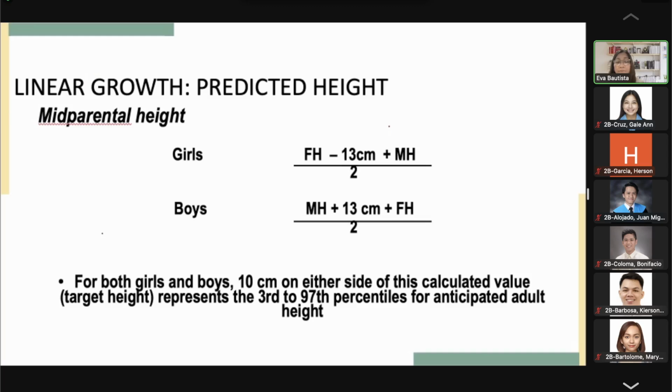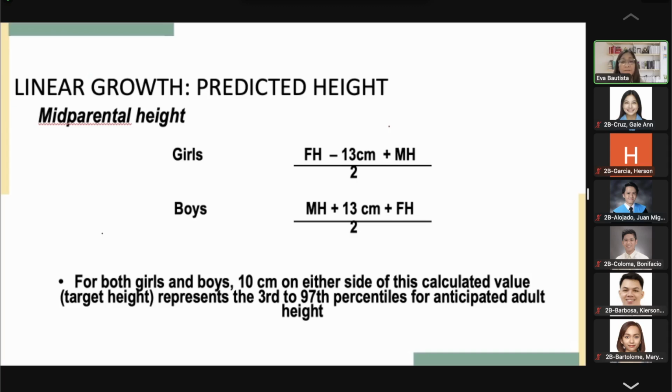So, why do we do that? Because that's the general difference in the height of the adult male and female. That's the average difference in stature between men and women. It's about 13 centimeters.